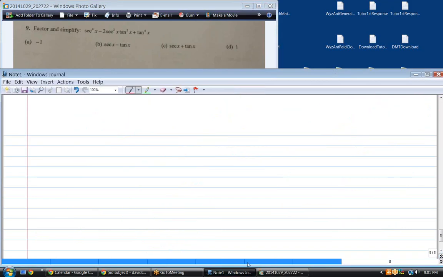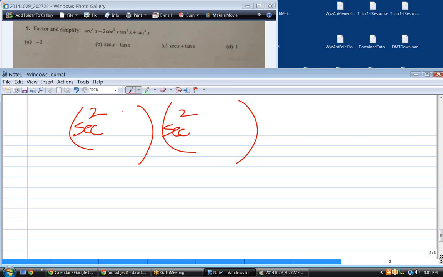Factor and simplify that. What are the factors going to look like? Secant squared minus tangent squared, times secant squared minus tangent squared.